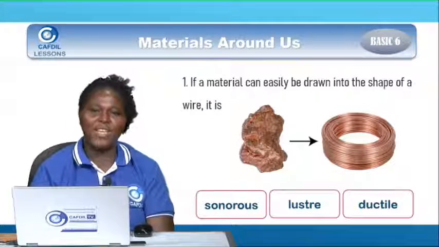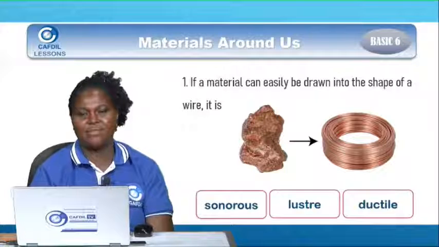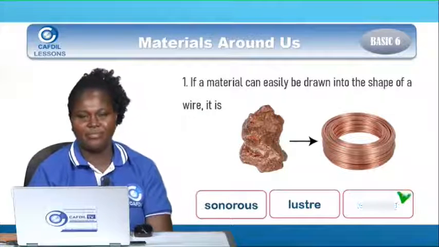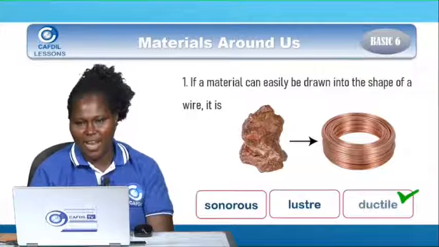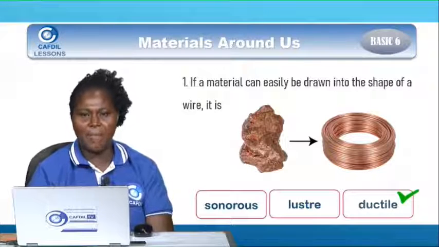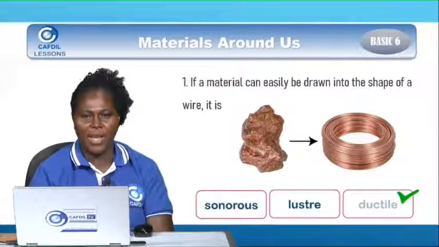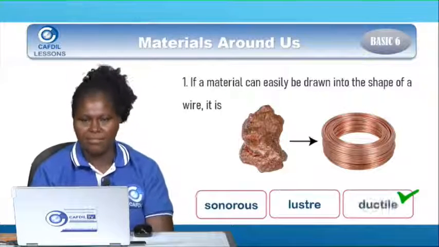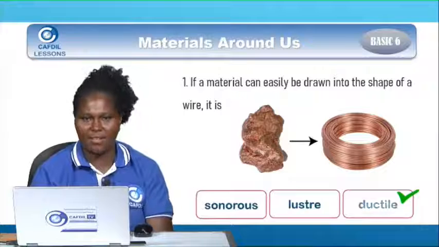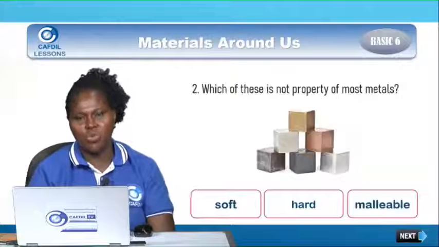So which of the answers is correct? It is ductile. So if a metal can easily be drawn into the shape of a wire, it is ductile.